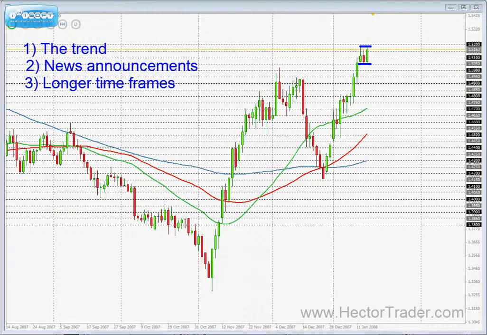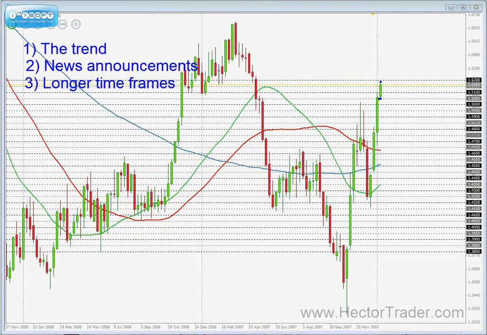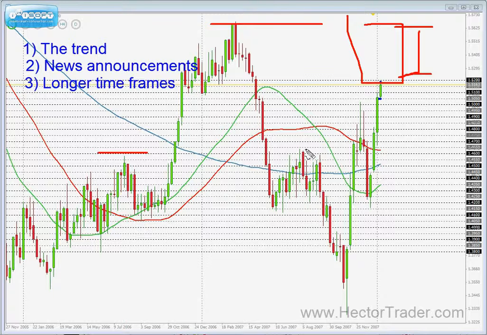Let's now have a look at the weekly chart. Pretty much the same. The next resistance level is right there, but it's way too far above, about 500 pips above. There's plenty of space to squeeze some profits here. This previous level of resistance was broken already.